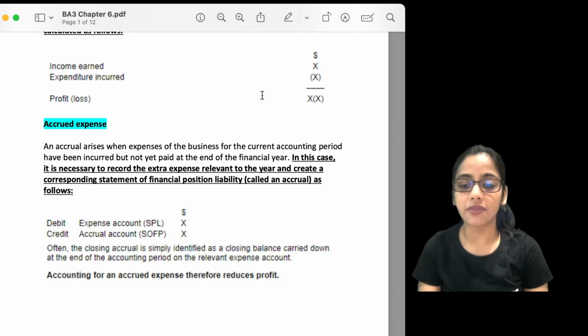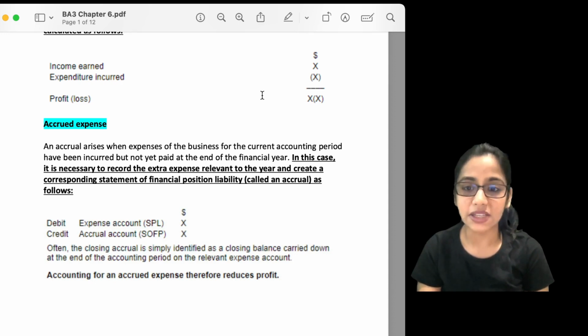So if the expense is incurred in a particular period, it should be recorded in that same period and not when the payment is made. In future, obviously you will make a payment and money will go out of your business.